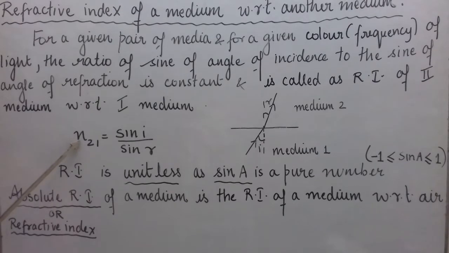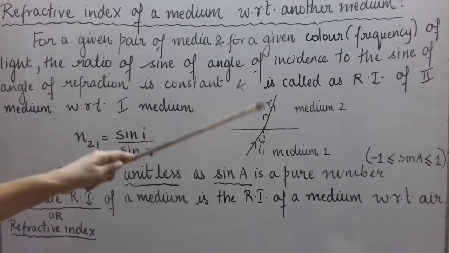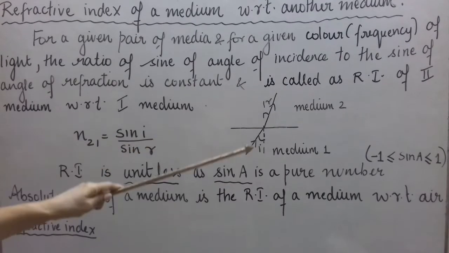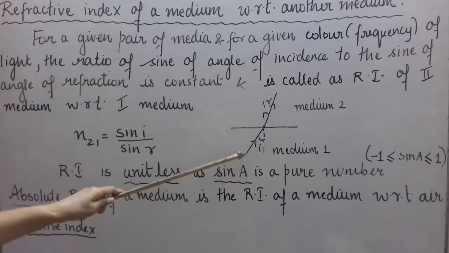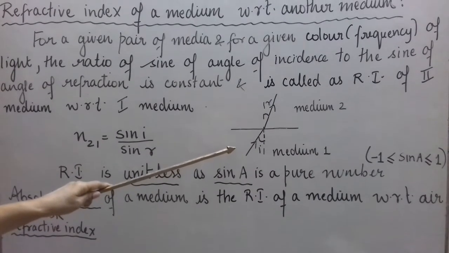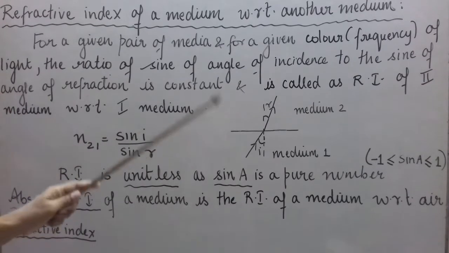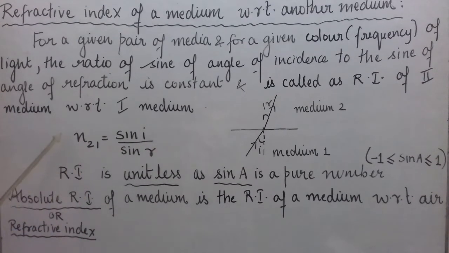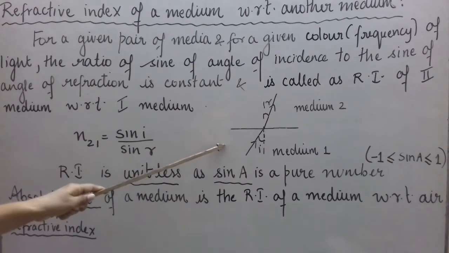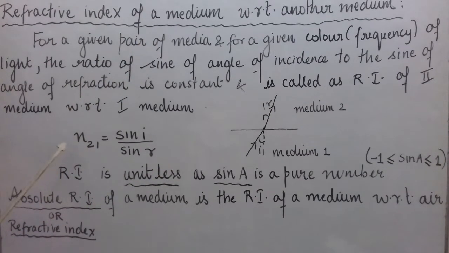So this is relative refractive index of a medium, relative refractive index of medium 2. Why relative? Because it is with respect to this medium. It means if I change medium 1 to some other medium, then this relative refractive index of medium 2 will change, because it changes when the first medium changes. And also if the color changes, then the value will again change.